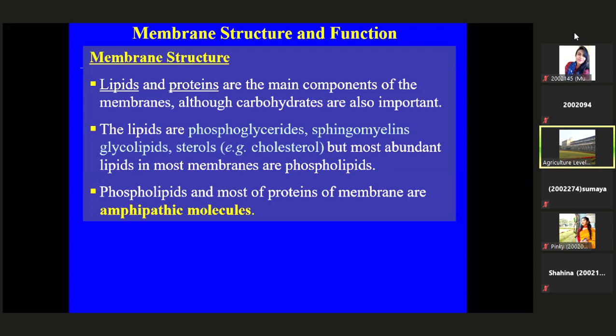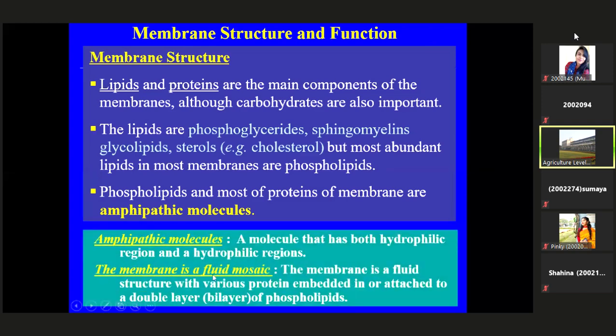As the two types of properties are performed by the protein, this is called an amphipathic molecule. But in case of lipid, it contains two types of properties: one is hydrophilic and another is hydrophobic. So it contains both hydrophilic and hydrophobic regions.